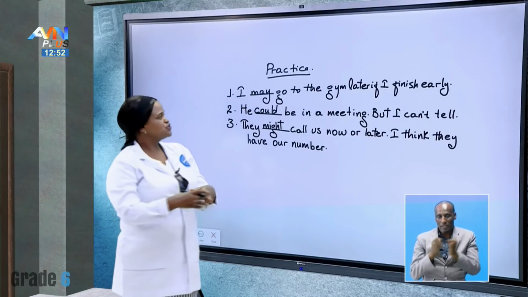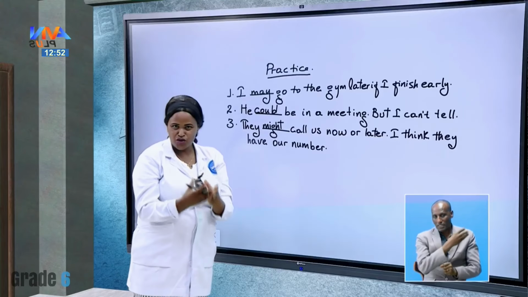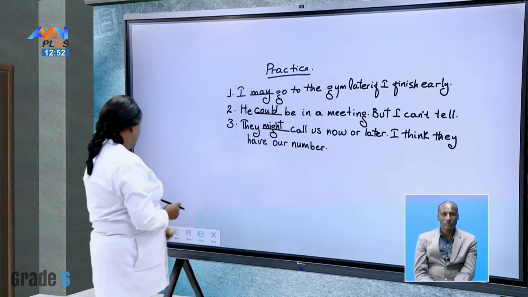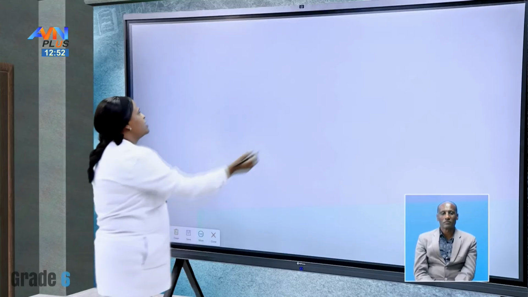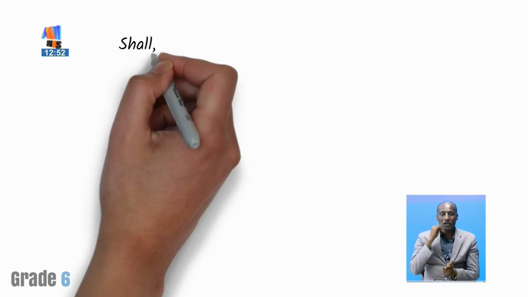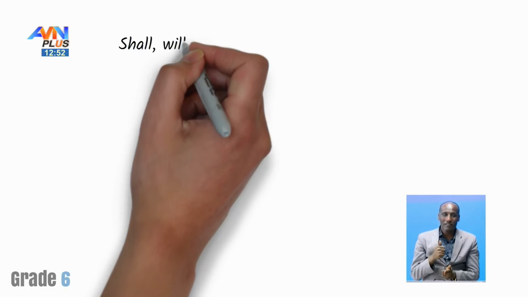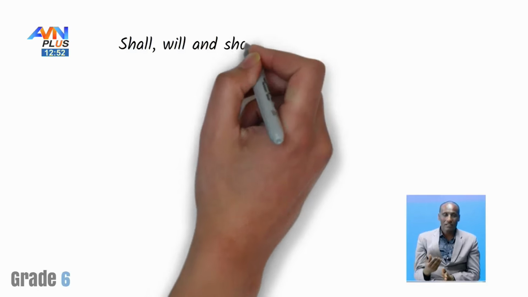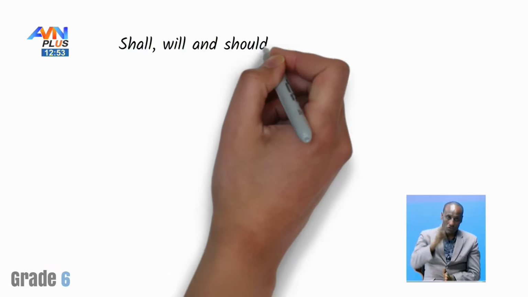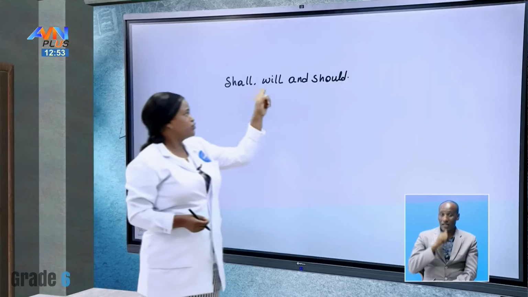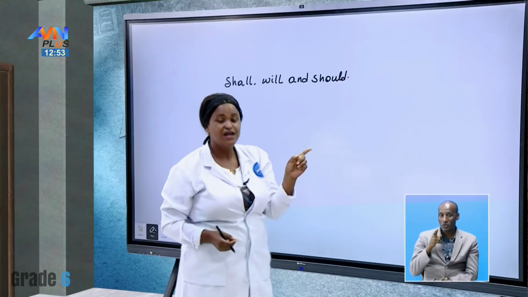Now, let's go to the other groups of modal auxiliaries. The other groups are shall, will, and should. I am sure you know shall and will when you talk about future actions.